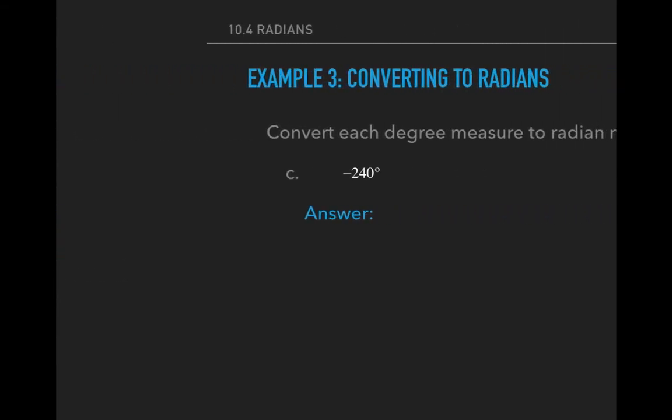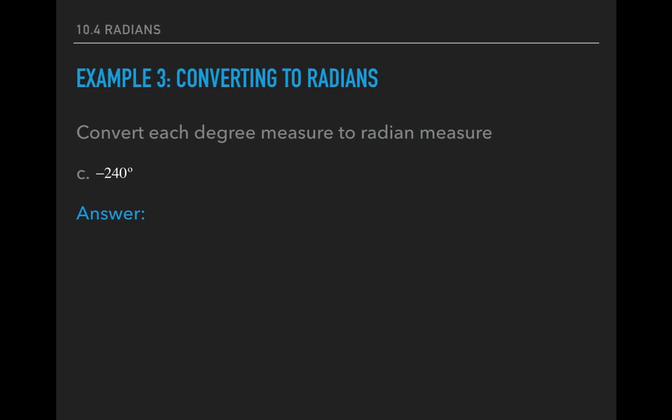All right, so here we go. We're working with a negative rotation here, and I want you guys to try to do this one on your own. So pause the video and we'll check it together in just a moment. All right, so we set up our unit conversion, making sure that degrees will cancel out, and I can divide each of those by 10 so that I'm working with something a little smaller here.